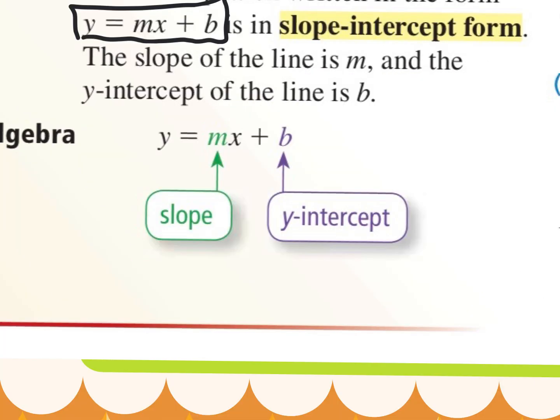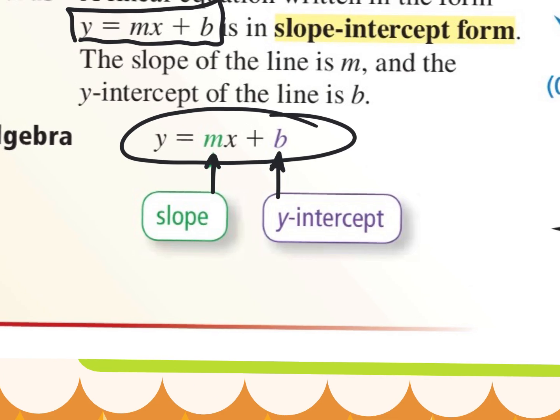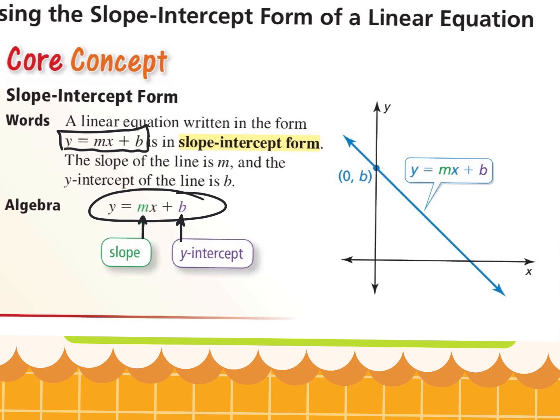This equation is telling you that the m part means slope. So that m will be replaced with a number, and that number will be whatever the slope of the line is. The b part is what we call the y-intercept, and we talked about y-intercepts already.